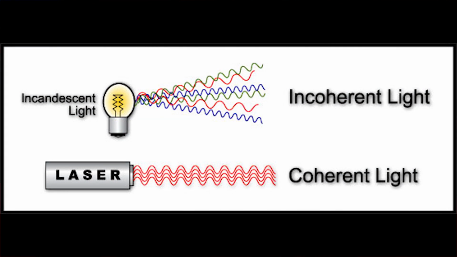But the reason that you can see laser light from a far distance is because of what lasers are. And this is why lasers are different from flashlights, because laser light is coherent light. All the photons are coherent, all sharing the same phase.